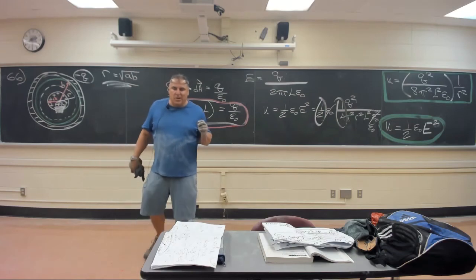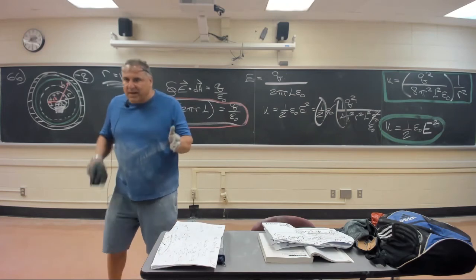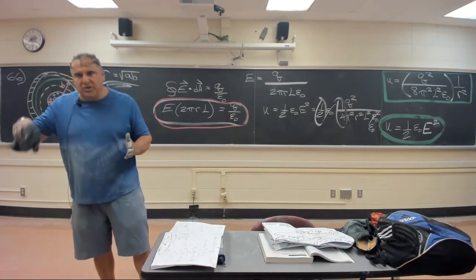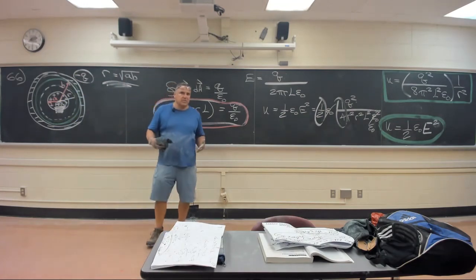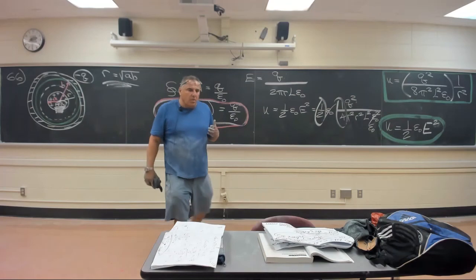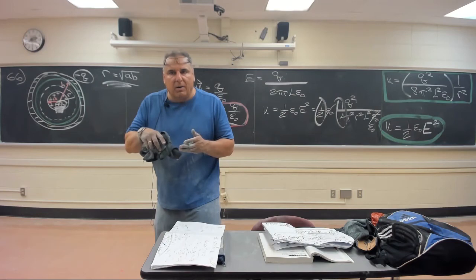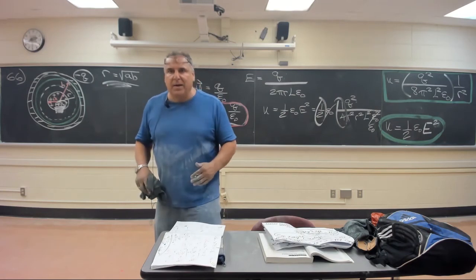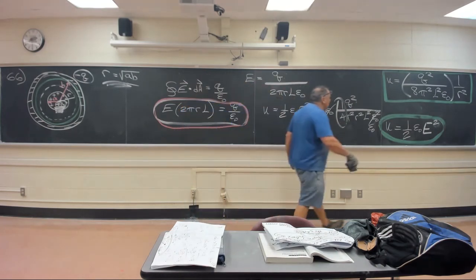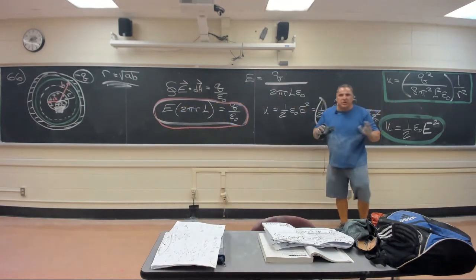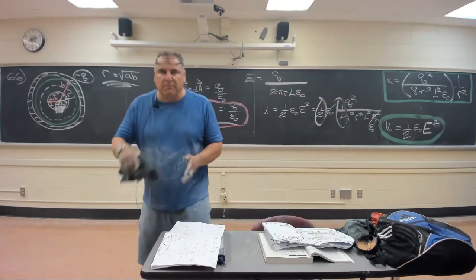The potential energy per unit volume is roughly, not exactly, because as you change r, the small u changes. The potential energy per unit volume changes. But approximately, for a shell that's very thin and the radii under consideration are close to the r under consideration here, there is a set u, roughly, which is potential energy per unit volume for that shell.